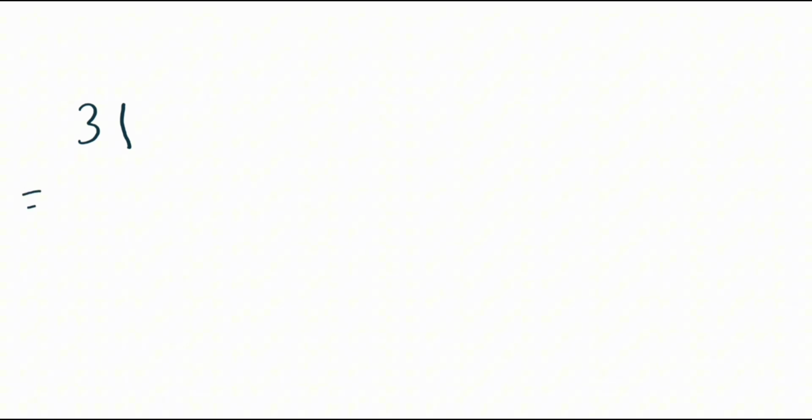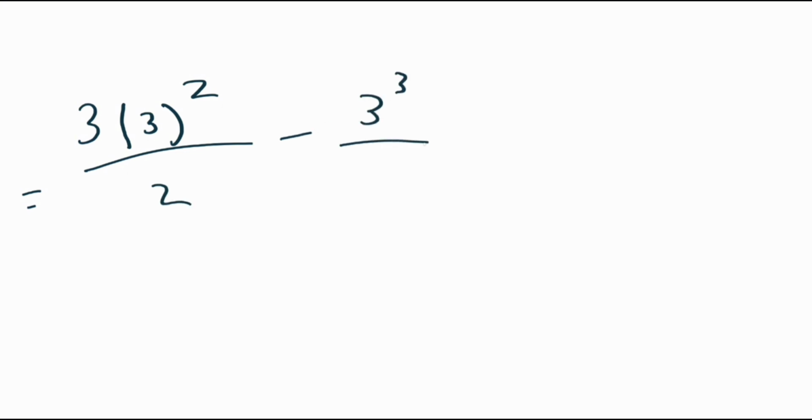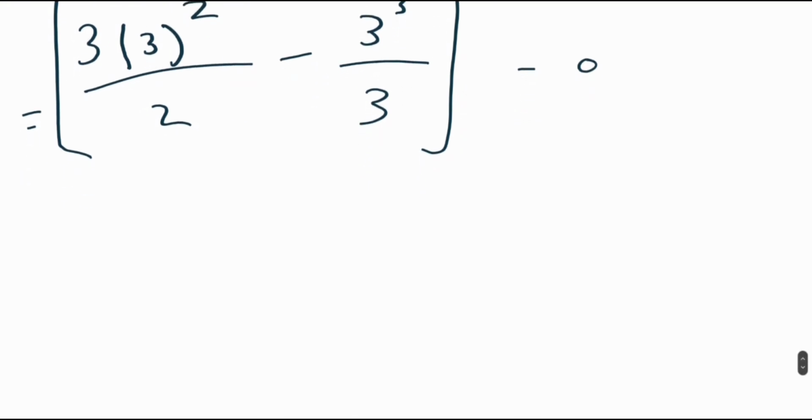Then we'll plug in 3 squared over 2, minus 3 cubed over 3, minus 0. Okay. So that is going to equal 27 over 2 minus 27 over 3.